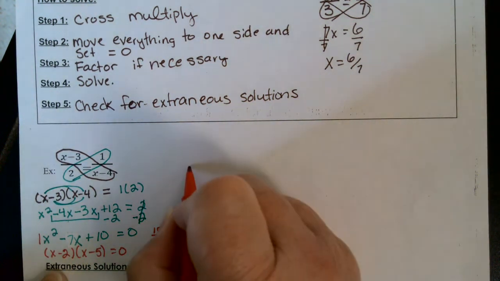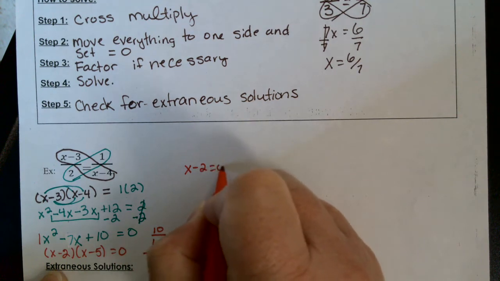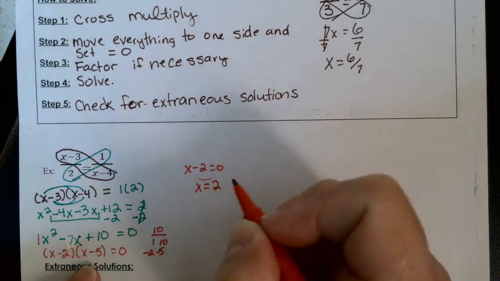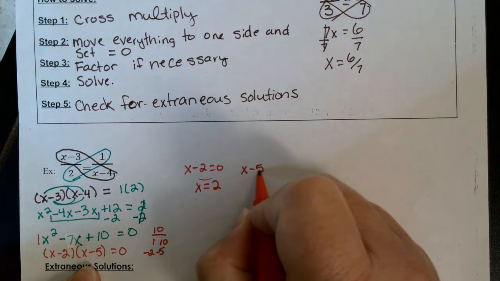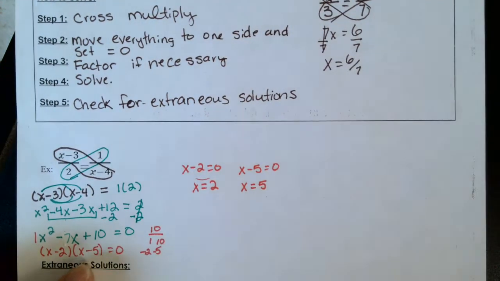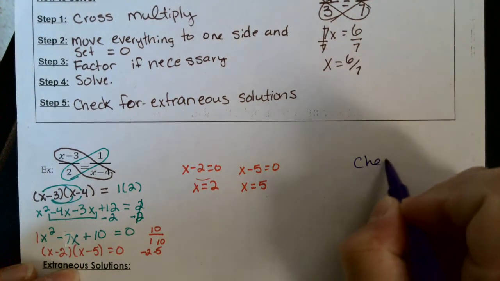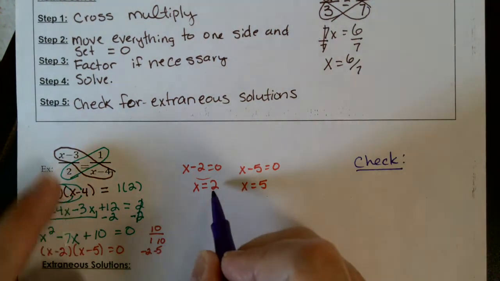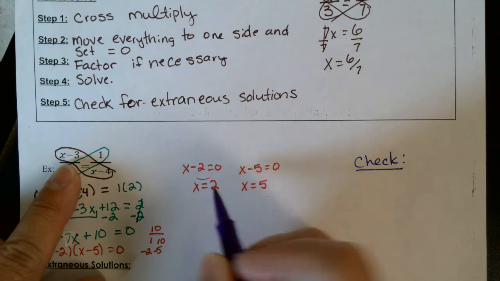And so now I'll take each one of these and set them equal to 0 to solve. So when we add the 2 over, we get x equals 2. And when I add the 5 over, I get x equals 5. So now I need to check. And we check by substituting in. So I'm going to substitute 2 in.